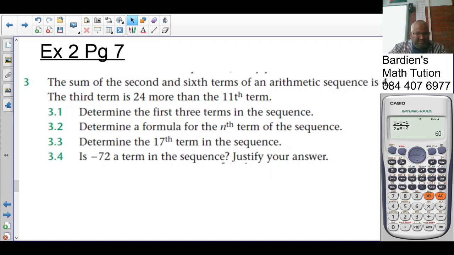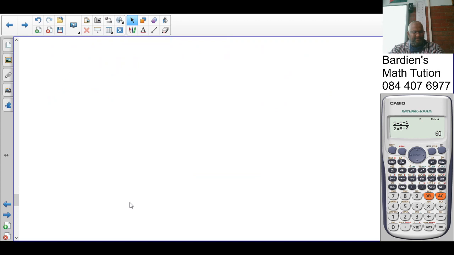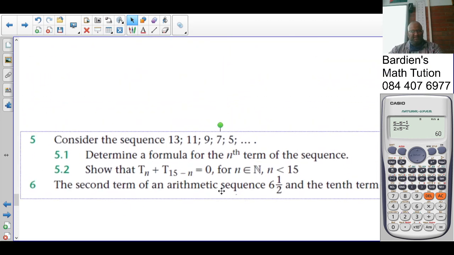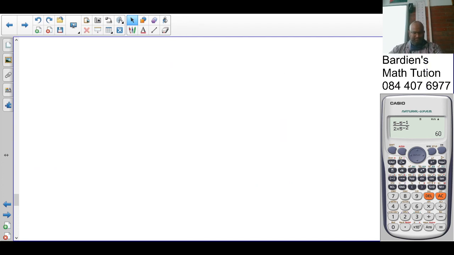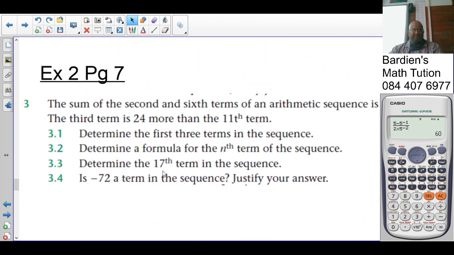Why am I cutting 6 as well? Okay, so 3 and 5.